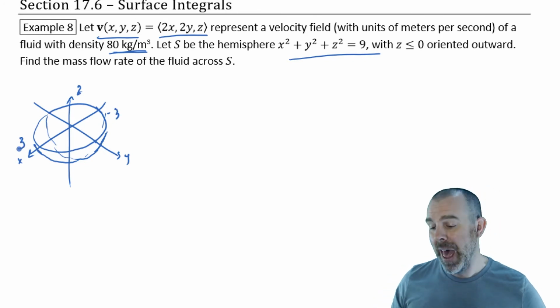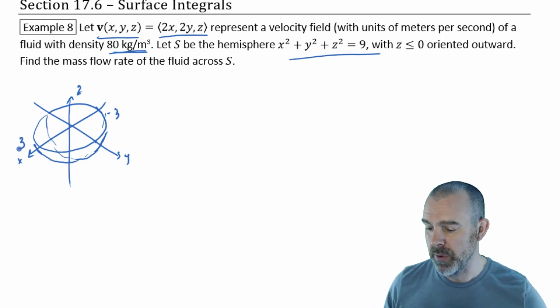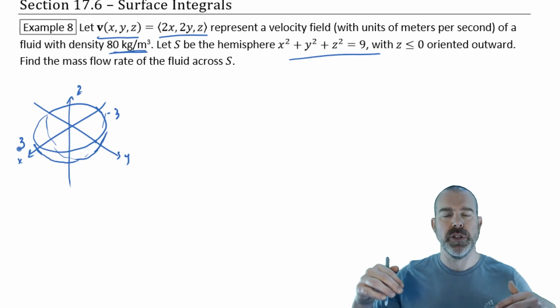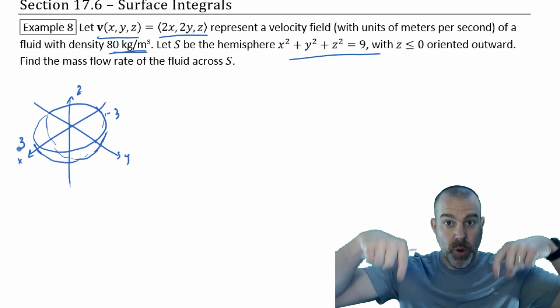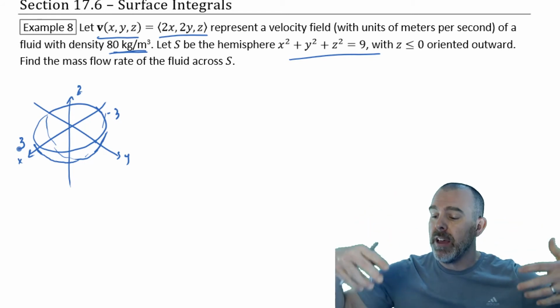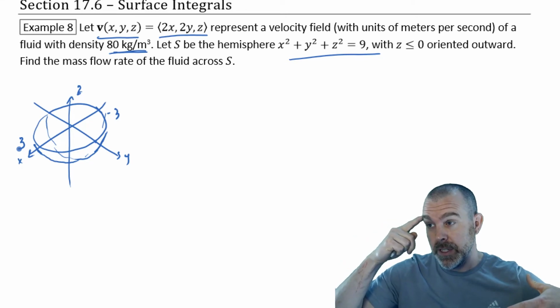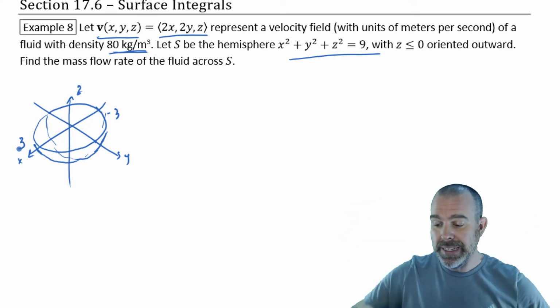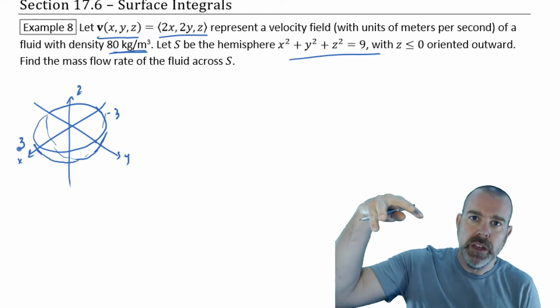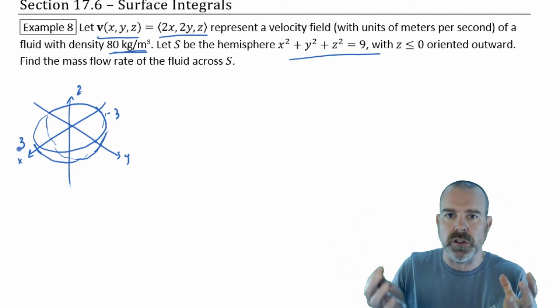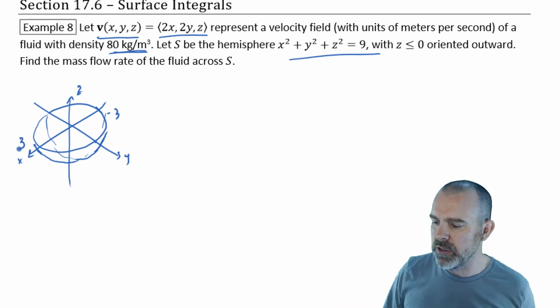So we have the bottom half of a hemisphere, radius 3. And if we drew that vector field three-dimensionally, it would be pointing down, negative x values, negative y values, if we had negative z values, just focusing on negative z values. If z is negative, it's pointing down, and so the vector field is flowing through this surface, like a screen or some kind of surface. It's flowing across that surface.